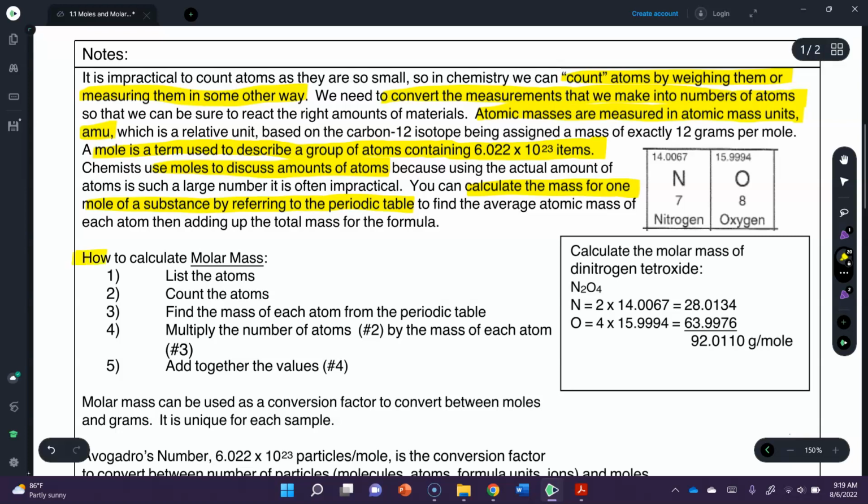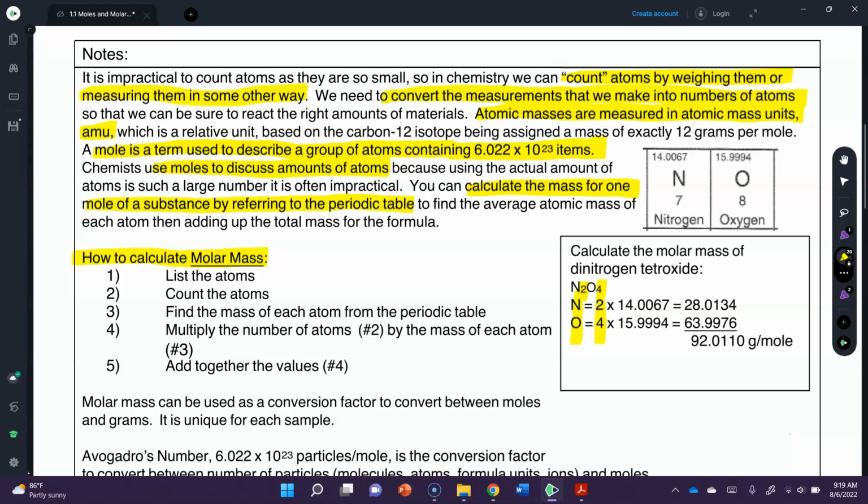We have an outline of how to do that here, and we have an example in the box. So for dinitrogen tetroxide, you list the atoms and then you count. From the subscripts, we get the number, and then you find the mass of each one from the periodic table. They are using a different periodic table than what is provided on the AP test and what is provided to you in class.